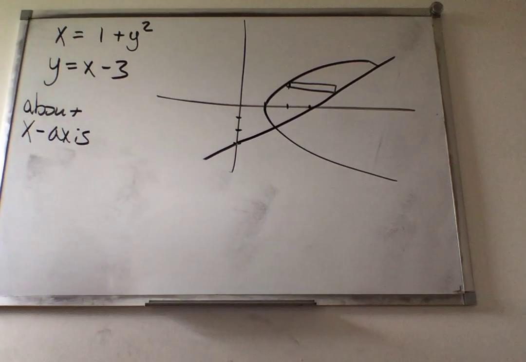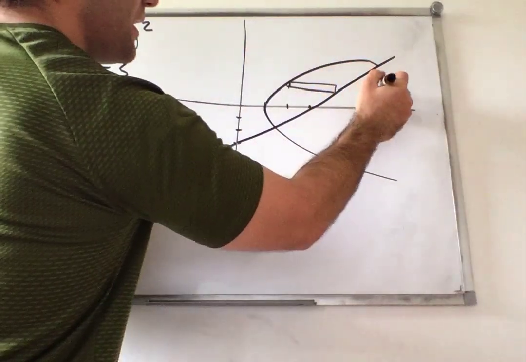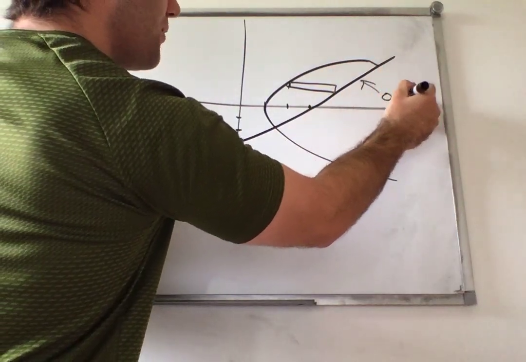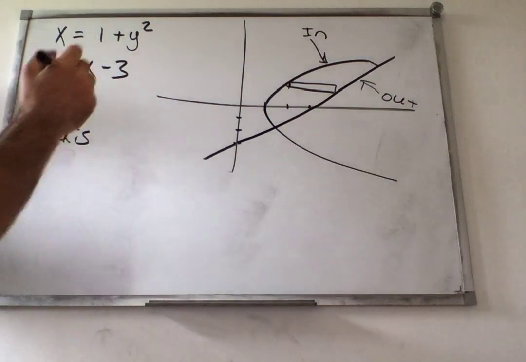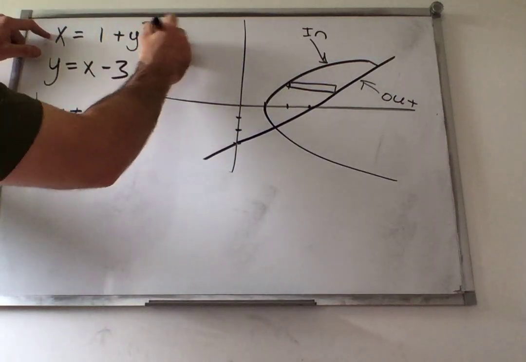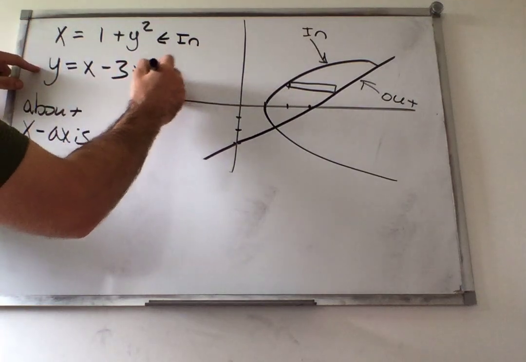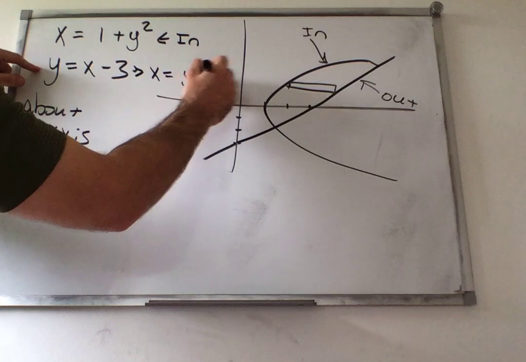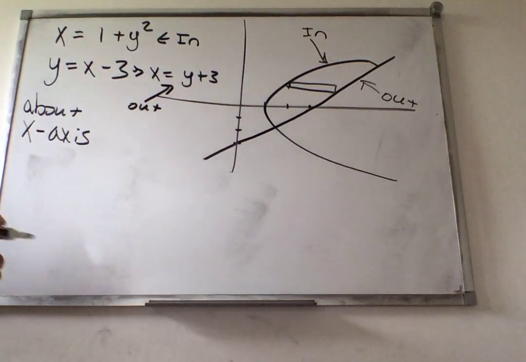Now, if you look at this, for revolving it around the x-axis, this is my outer function, this is my inner function. So, right here, this is my inner function. This one, I'm going to solve for x. I get x is equal to y plus 3. This right here is my outer function.